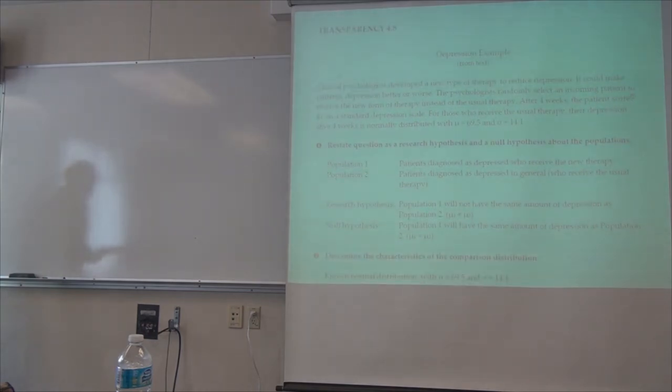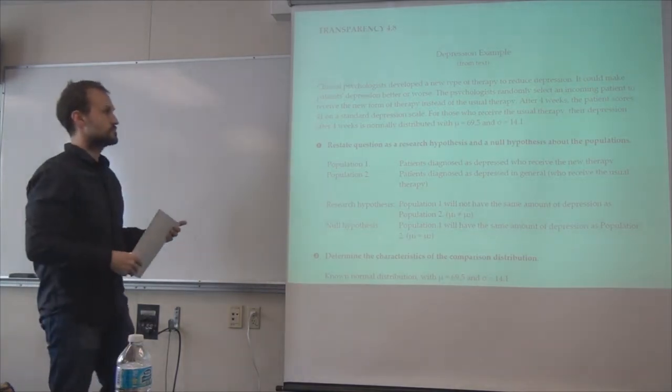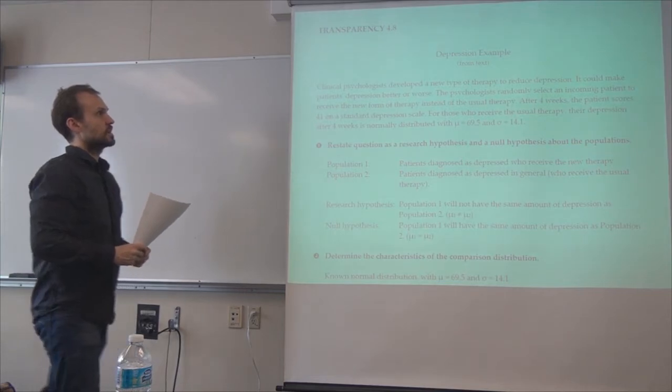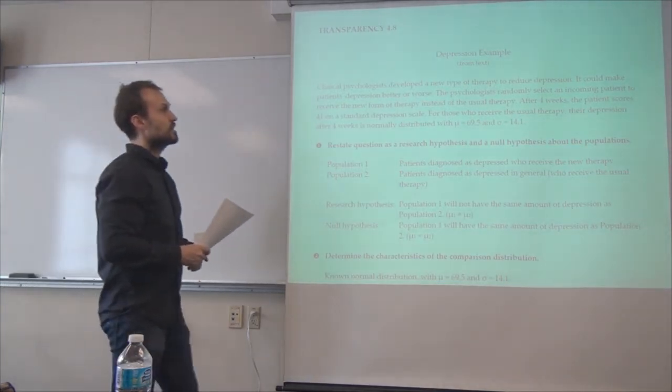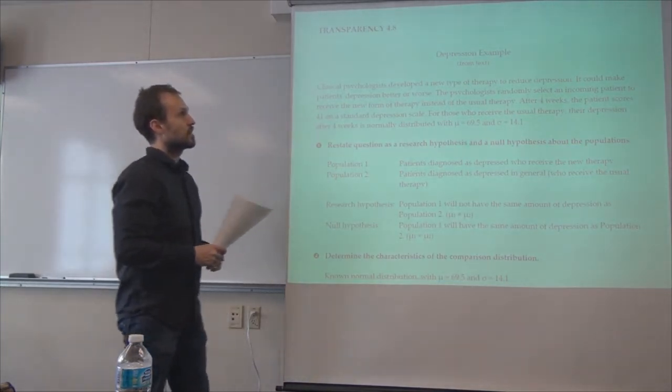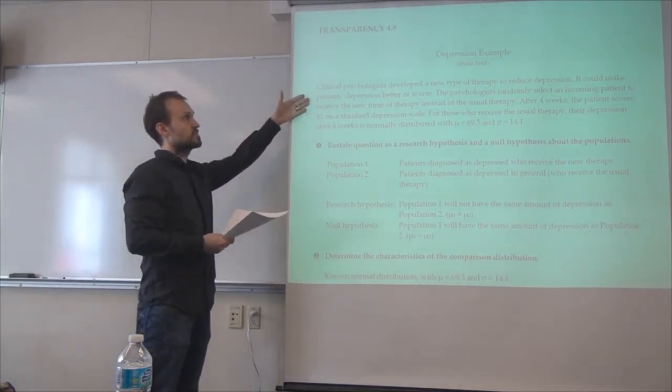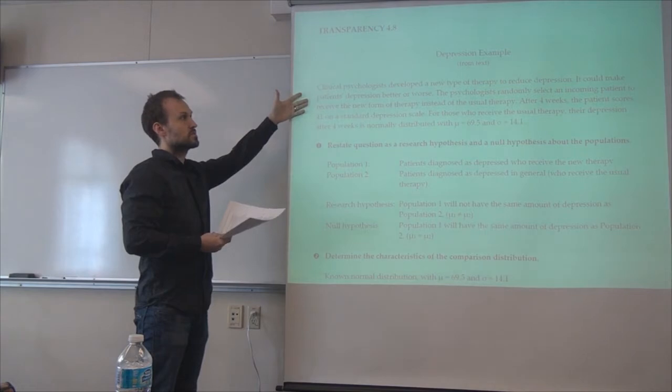So let's look at a couple of examples. Depression example, sort of adjusted a little bit. There's a new type of therapy to reduce depression. It could make the patient's depression better or worse.